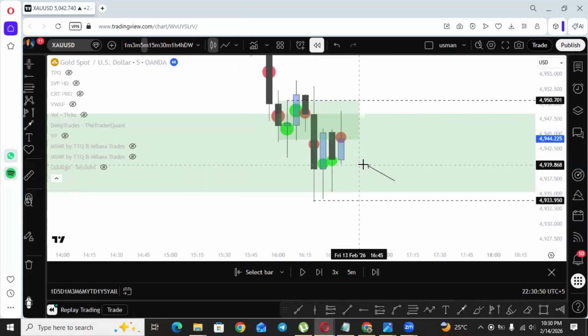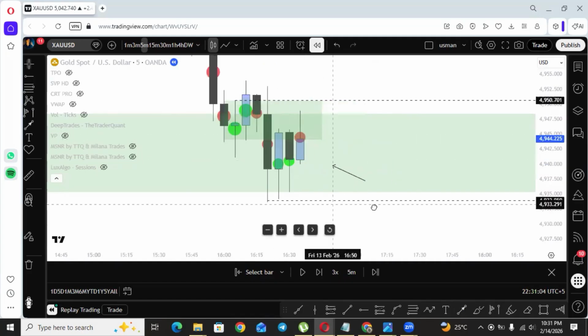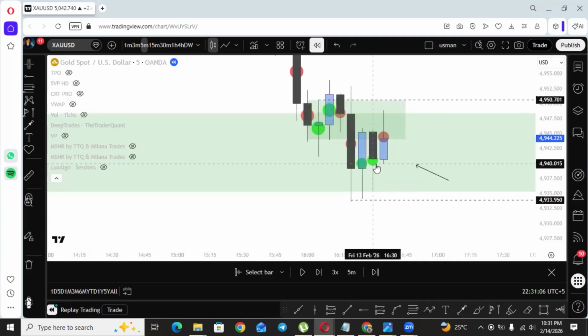Then you enter with complete confidence that you are good to go for a sell because the decision has been made. This is the war happening between buyers and sellers, and you need a good follow through for buying and a good follow through for selling.